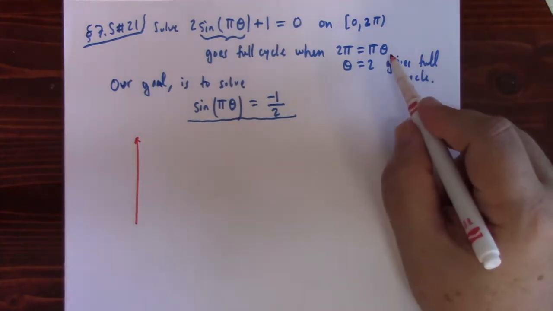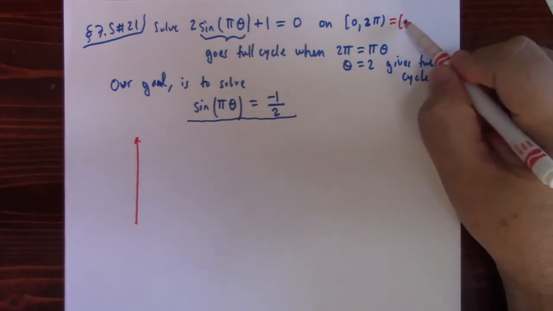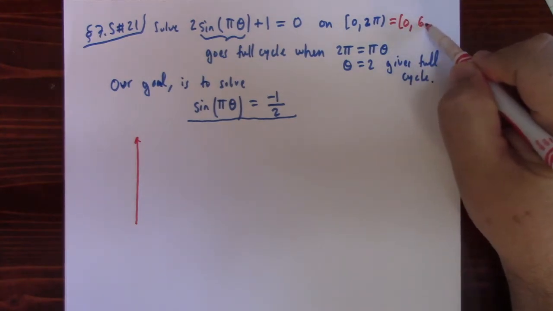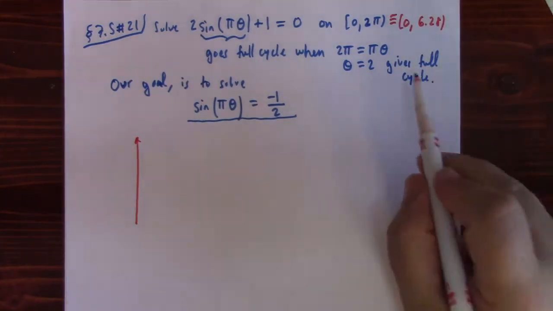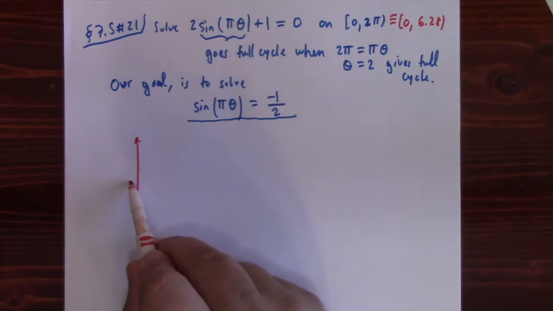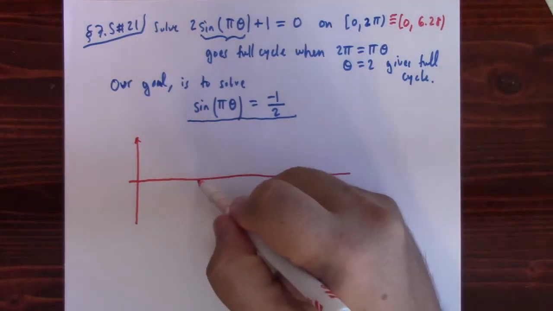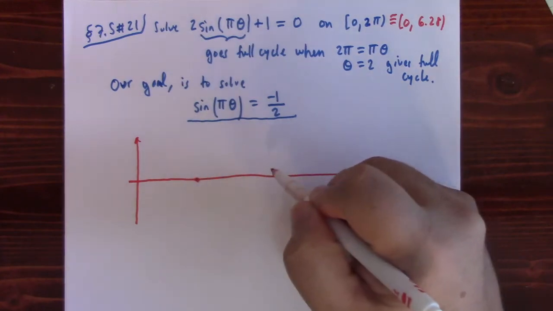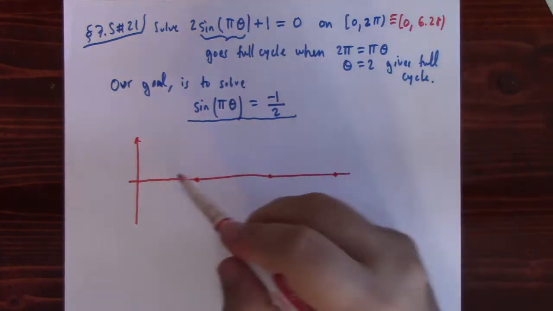So notice that 2 pi, numerically, the 0 is exact, but this is 6.28-ish. All right, so we're going to get 3 full cycles of sine, and then just a little smidgen of the next one. All right, so when we're at 2, 4, 6, right?